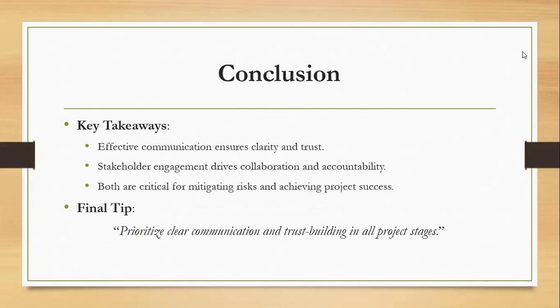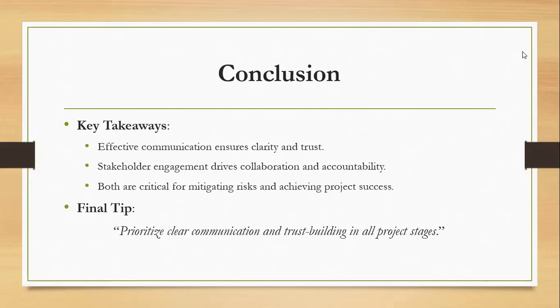To wrap up, risk communication and stakeholder engagement are two of the most important elements in successful project management. When risks are communicated clearly, stakeholders understand the challenges and trust that those risks are being managed. At the same time, engaging stakeholders ensures that their input, concerns, and expertise are included in the decision making process.